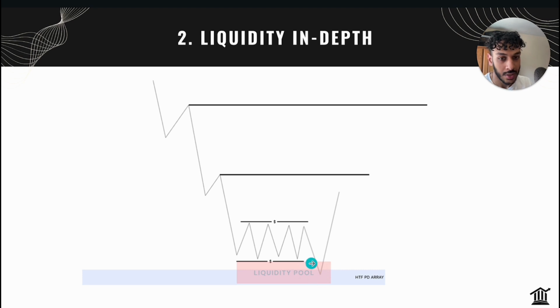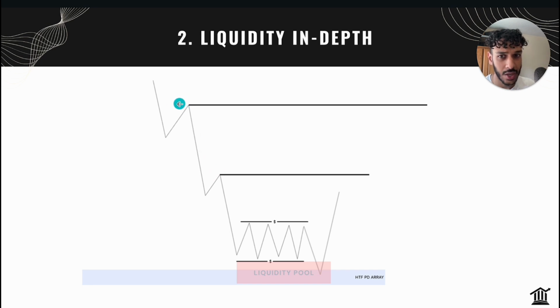Now the next thing to think about is, after this counterparty is offered, where is smart money looking to offload their positions? Or where can they offload their positions? Well, it would be above old highs. Why would it be above old highs? Because we understand that above old highs rests liquidity. What does that mean?